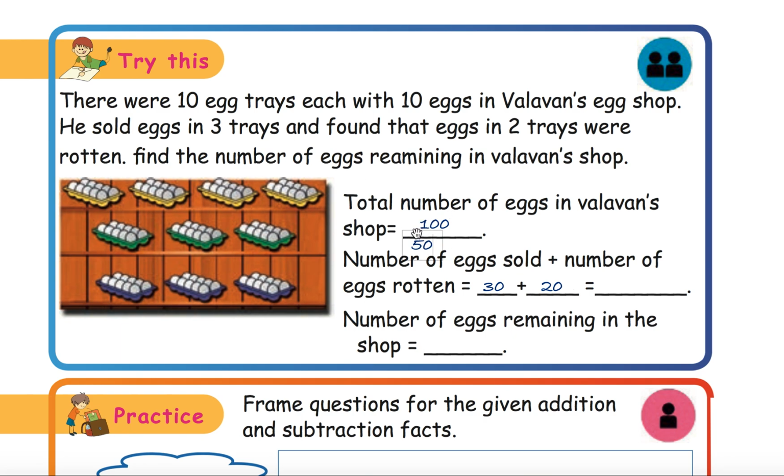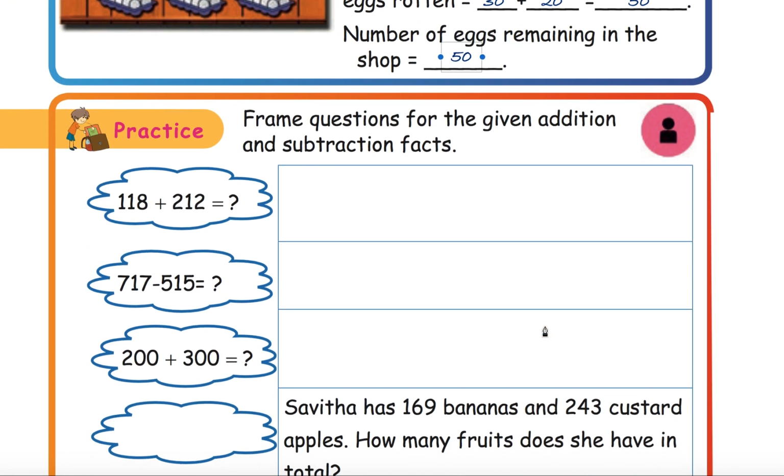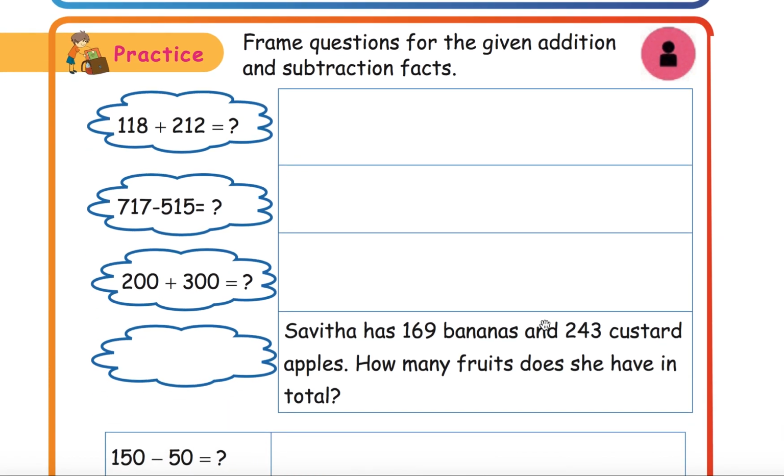Number of eggs remaining, you have to subtract 50 from 100. Remaining will be not 100, 50. Okay. And now you have to frame the questions.